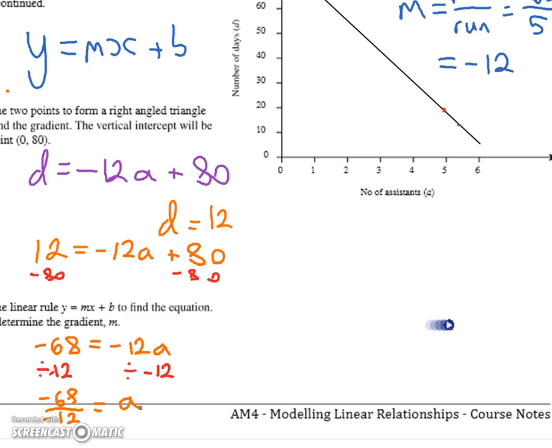So 5 and 2/3. 8 over 12? 17 over 3. Oh, you've simplified it by dividing it all by 4. Okay. How many 4s go into 68? 17. 12 goes into 68 5 times with 8 over 12. So it's actually, yeah.